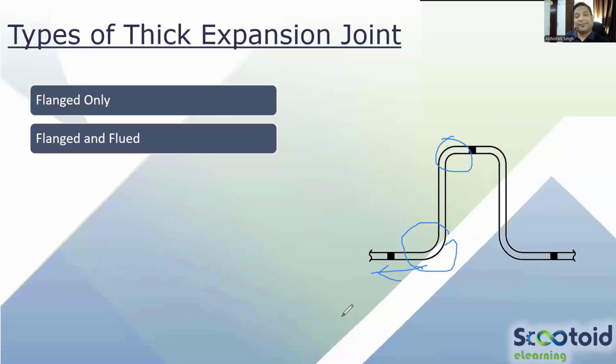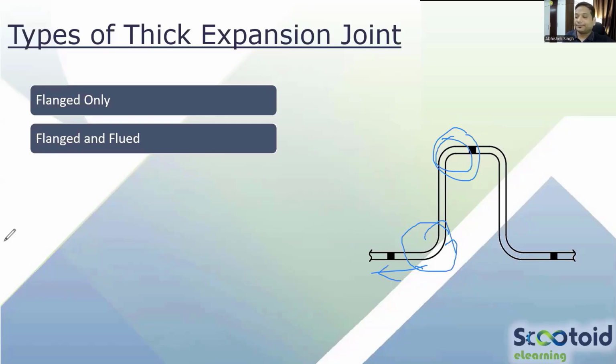Even in API 650, for the flared construction, that straight face is called flanged. So don't think that flange means the flanged joint. The straight portion we call a flanged. So this is flanged and this is flared. Making sense? So flaring is basically what we are calling flued. So flanged and flued construction.